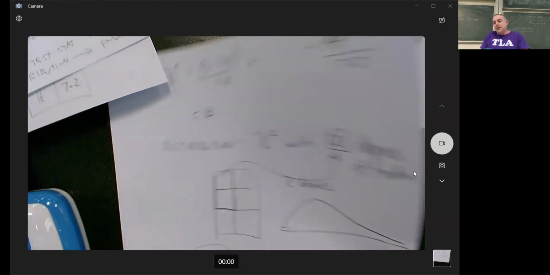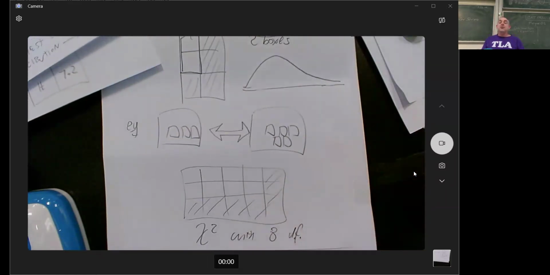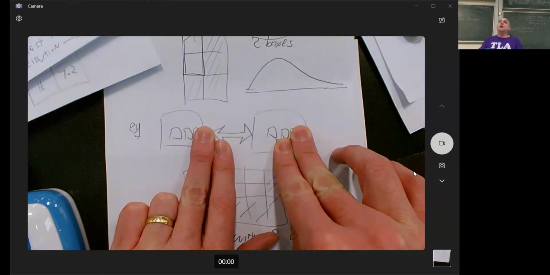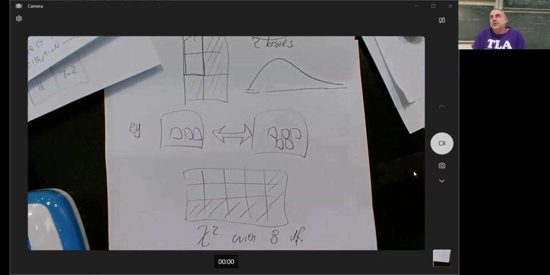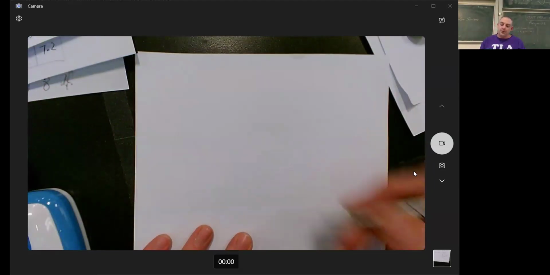So officially, the chi-square test can be used for any situation, even when there's 2 and 2. And when there's 2 and 2, you get 1 degree of freedom. But in the 2 and 2 situation, you can also do the Z test for a proportion.